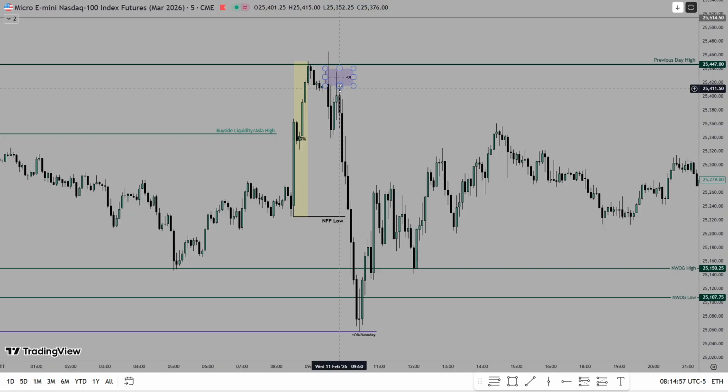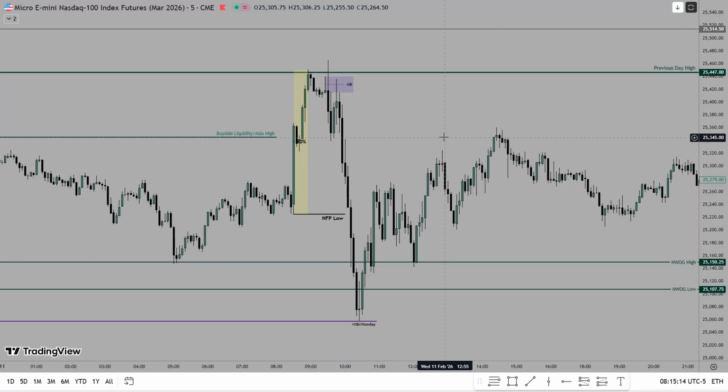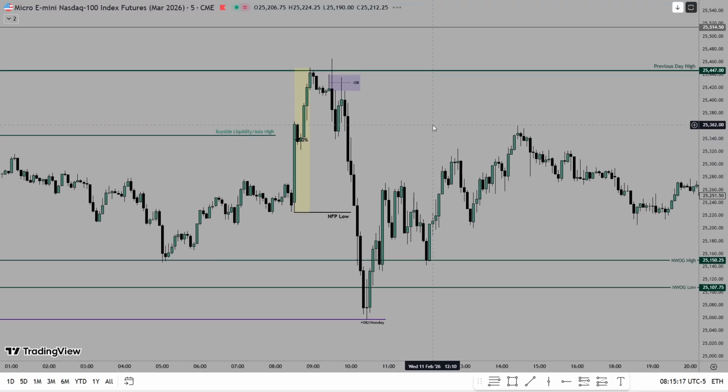Traded to this order block, respected it from another three candle swing after taking this short-term high. It started lower towards this NSP low as well as this magnet, the new weak opening gap. This was the entry opportunity based on the 5 minute chart on Wednesday.